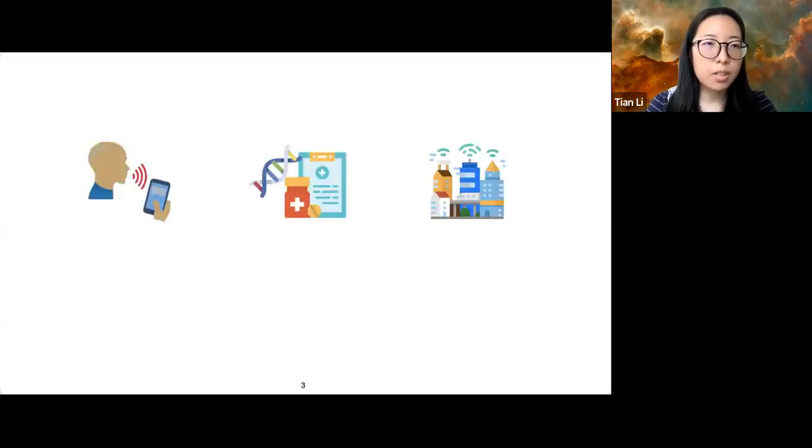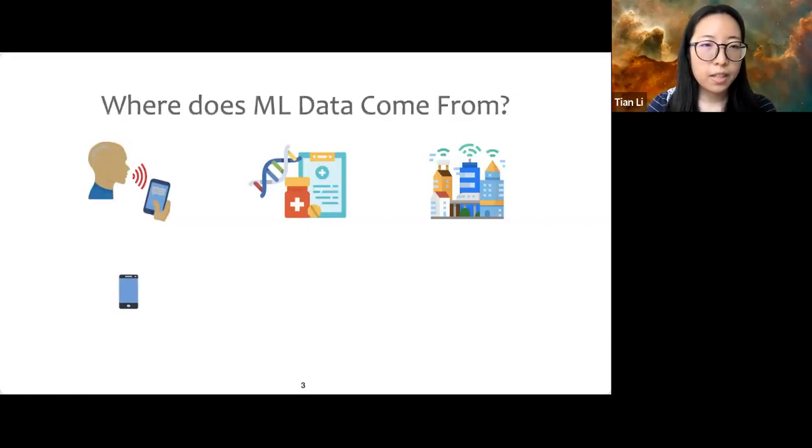So I'm going to start from federated learning, which is one of the major applications and areas that I worked on a lot during my PhD. We know that machine learning heavily relies on data in various applications. And where does the data come from? They can come from devices or clients or sensors.